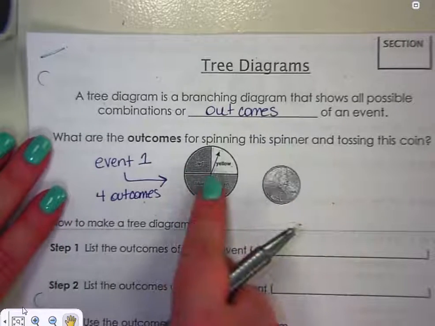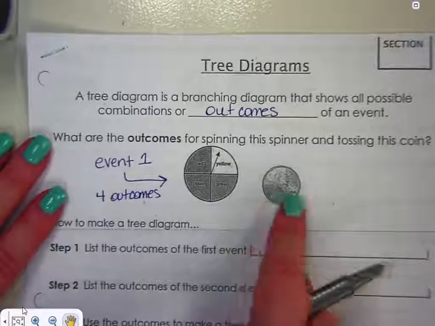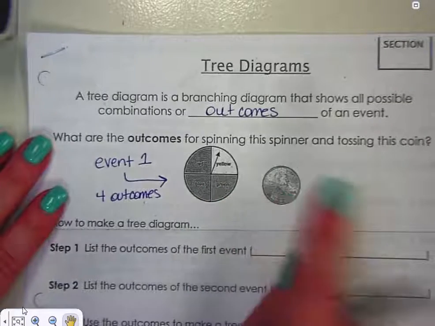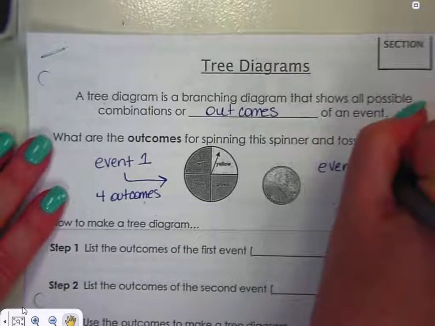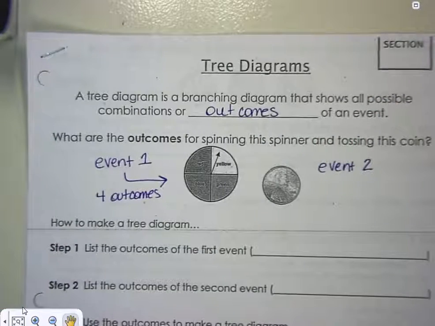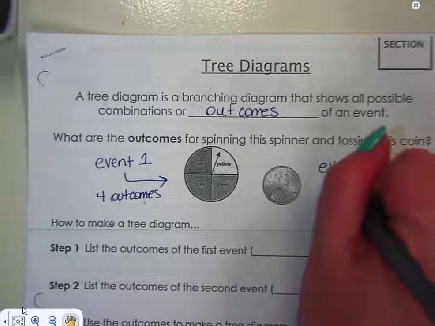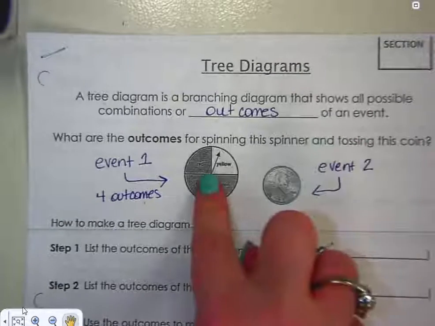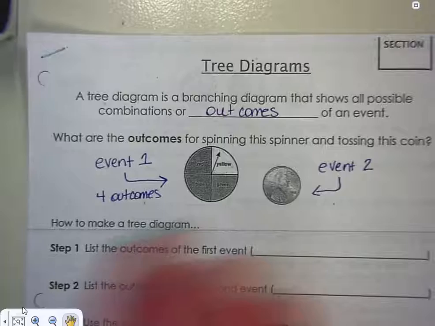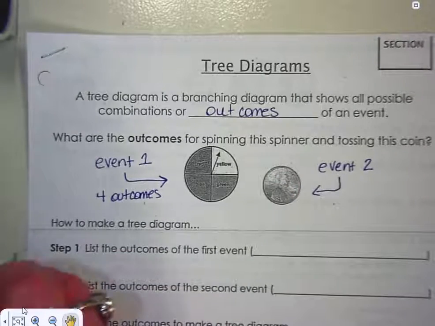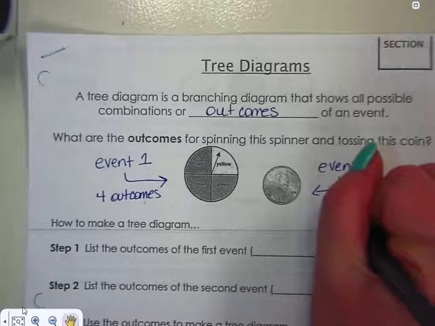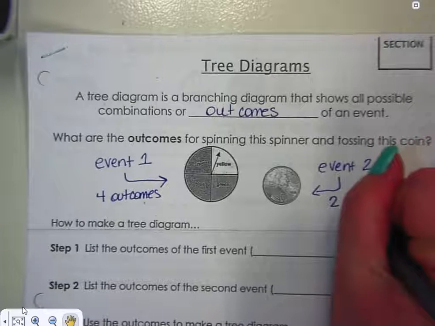So if spinning the spinner is event 1, what's flipping this coin? Event 2. It is event 2. Are those independent or dependent events? Independent. Spinning this spinner has no effect on flipping this coin. How many outcomes are there on flipping this coin? 2. We're either going to land on heads or tails.